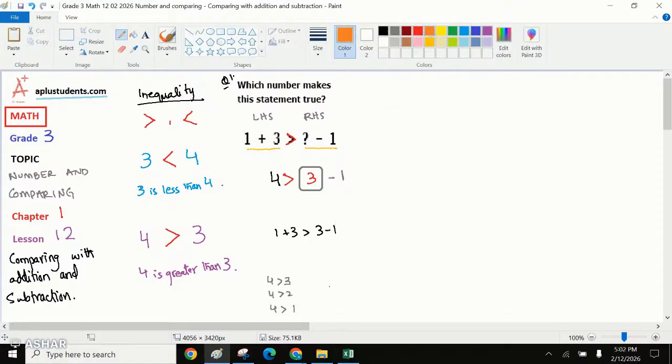Someone else can also choose a 2 over here. 2 minus 1 would be 1. That means 4 is still greater than 1. It's an open-ended question, okay? So 1 plus 3 is greater than 3 minus 1. That's all we had to do. We had to find the missing number, okay?